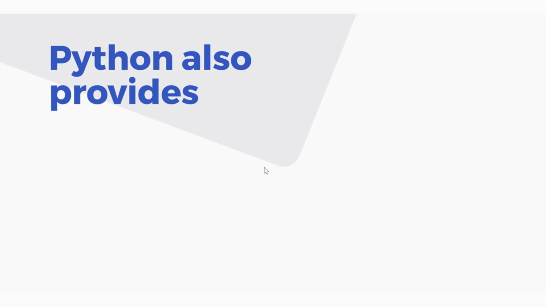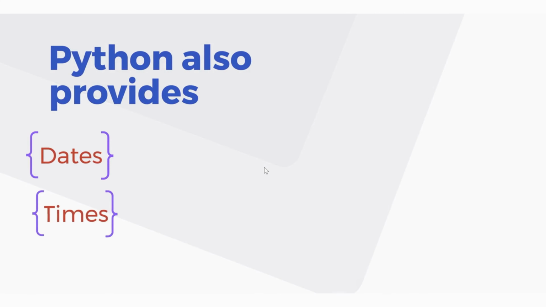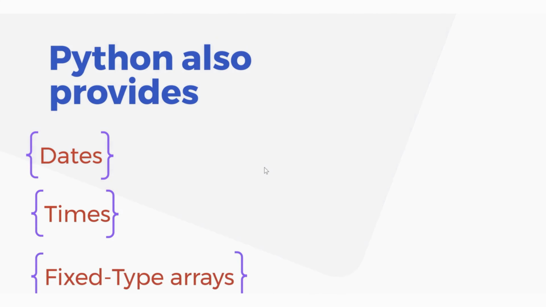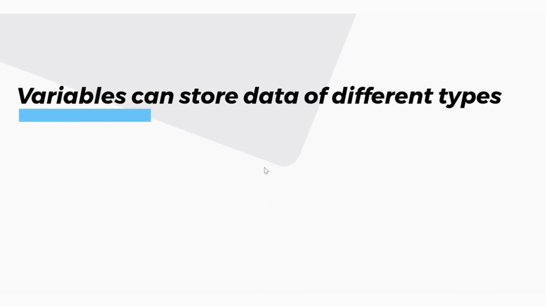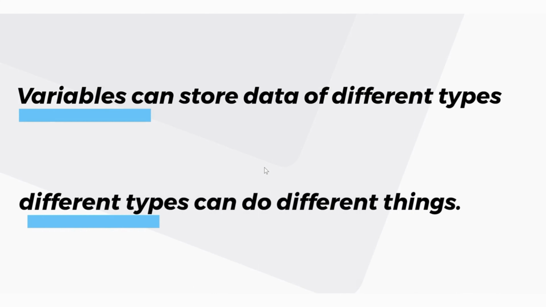In addition, Python also provides a variety of specialized data types such as dates, times, fixed type arrays, heap queues, double-ended queues, and enumerations. In Python, variables can store data of different data types, and different types can do different things. We will discuss each data type in separate videos.